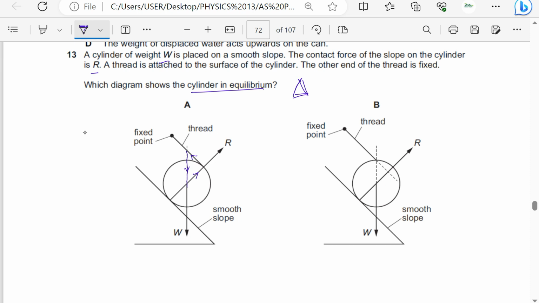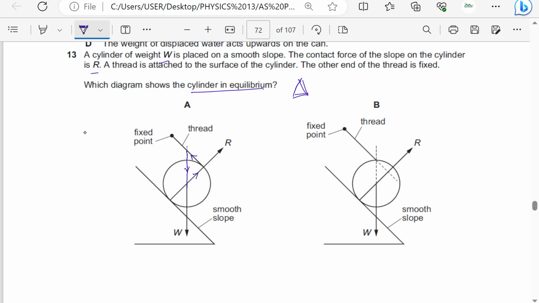A cylinder of weight W is placed on a smooth slope. The contact force of the slope on the cylinder is R. A thread is attached to the surface of the cylinder. That means there is tension in the thread. The other end of the thread is fixed.